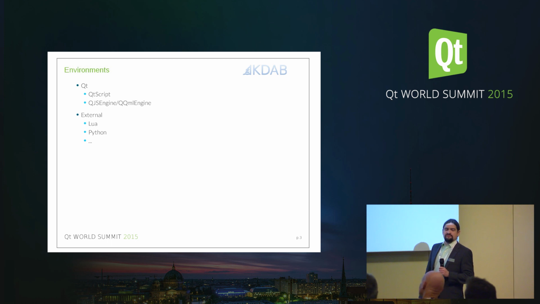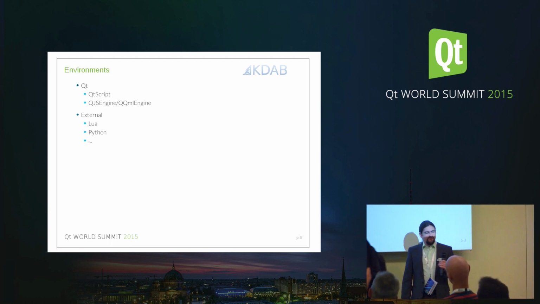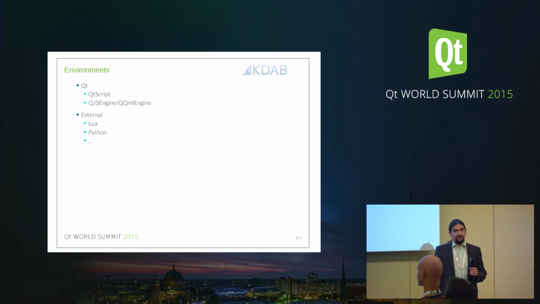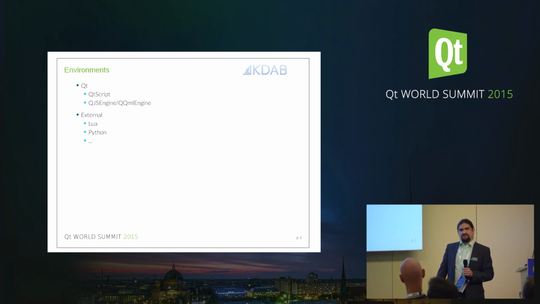Then, of course, the really advanced languages like Python come with their own class libraries and whatnot. There are professional bindings for Qt, PyQt and PySide, so also good solutions. And there are probably numerous others.